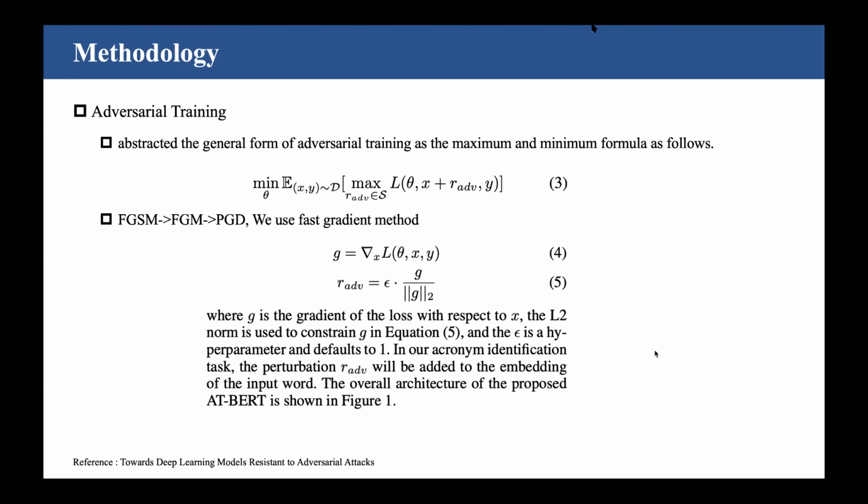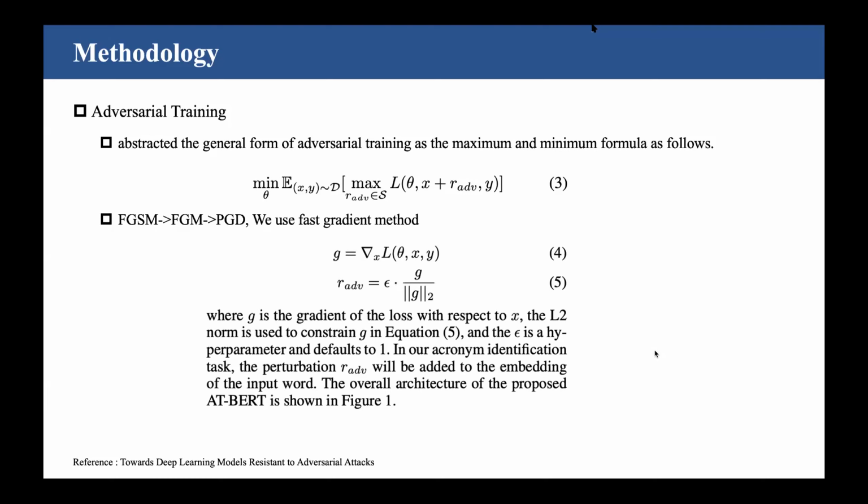How do we apply perturbation to the input sample to generate adversarial samples? There are many related studies on adversarial training, such as the fast gradient method, the fast gradient sign method, and projected gradient descent. Since those can basically be regarded as a series of methods, I will briefly introduce the FGM algorithm in this presentation. The main idea is to add a perturbation to the input that can increase the loss.